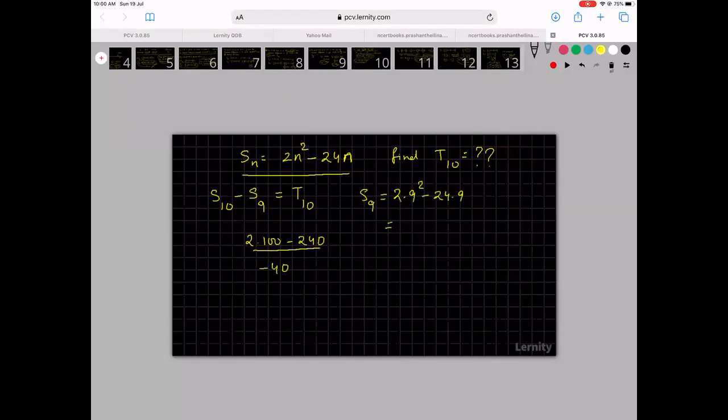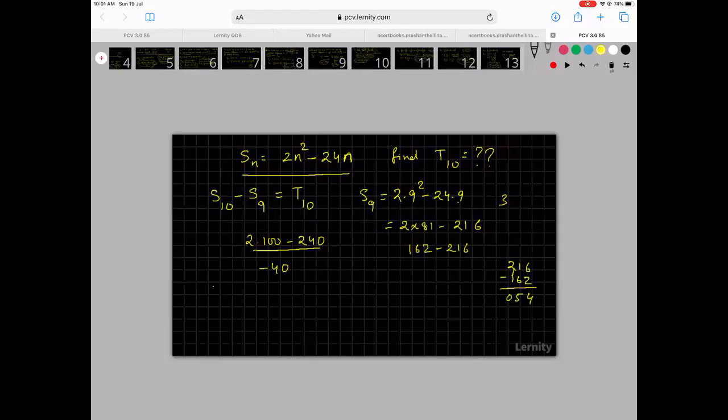So that is 2 into 9 squared. 9 squared is 81. 81 into 2 is 162, and 24 into 9 is 216. So this is 162 minus 216, which gives minus 54.